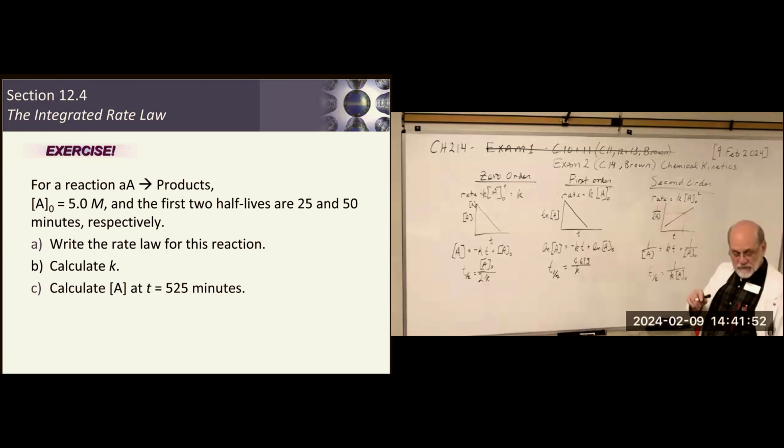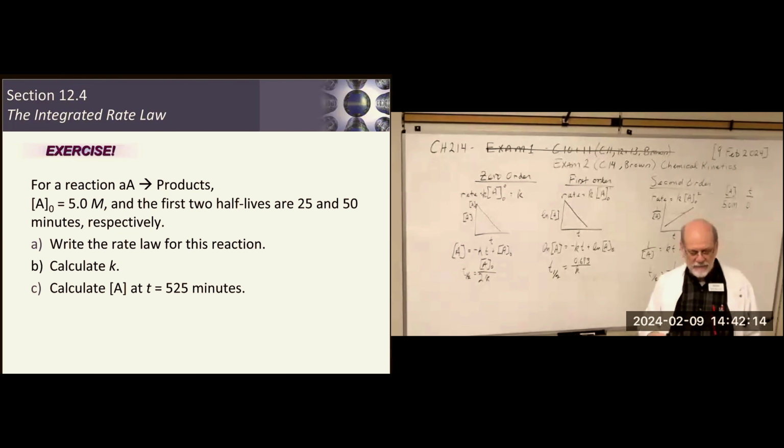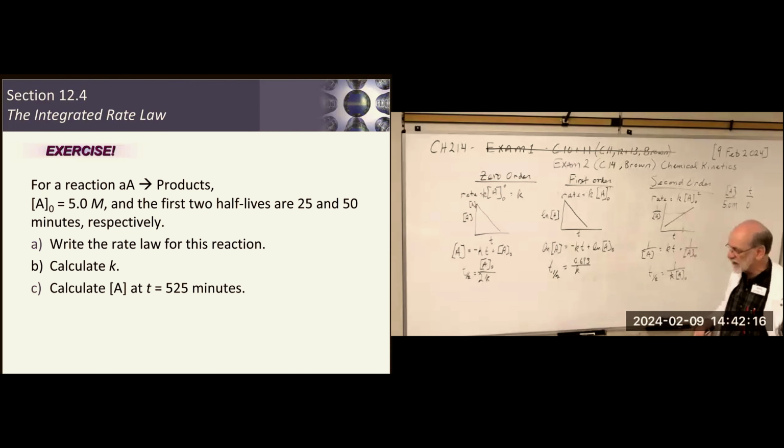All right, so if we've got concentration of A, and then we've got time. The first concentration of A0 is 5 molar at time 0. The first two half-lives are 25 and 50 minutes.